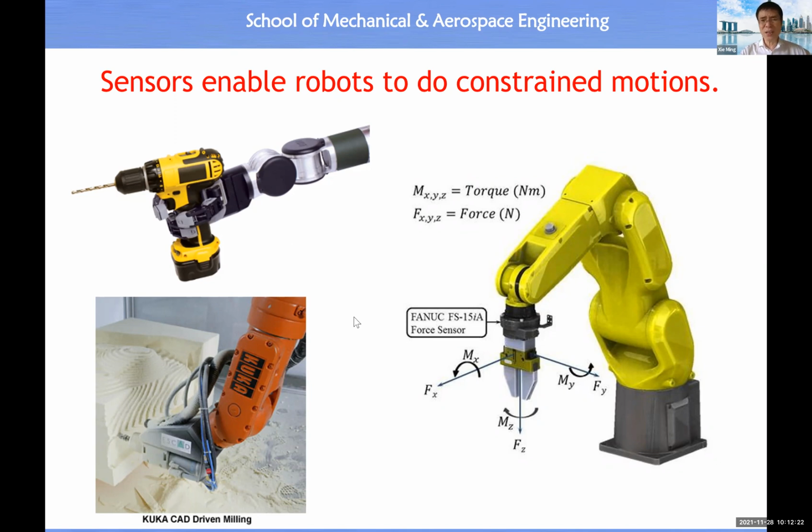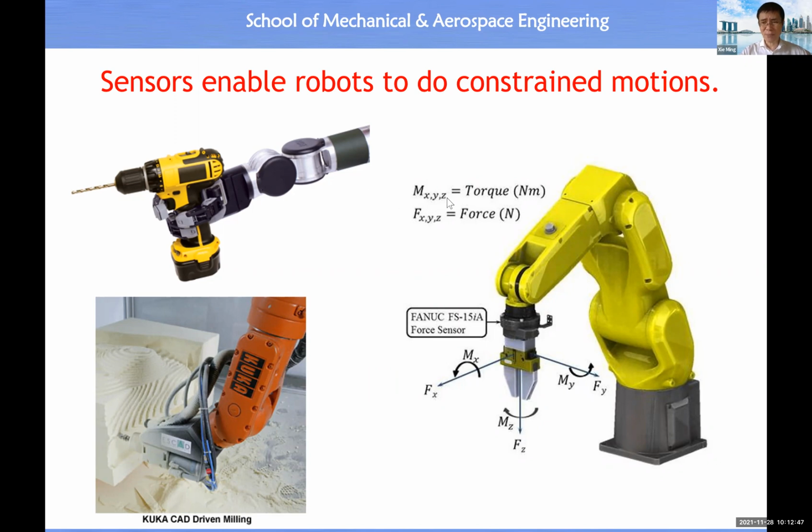In general, the interaction between a robot's hand and the environment could be described by a torque vector and a force vector. For the torque vector, there are three components: a torque about the three principal axes, plus a force with three components along these three principal axes.